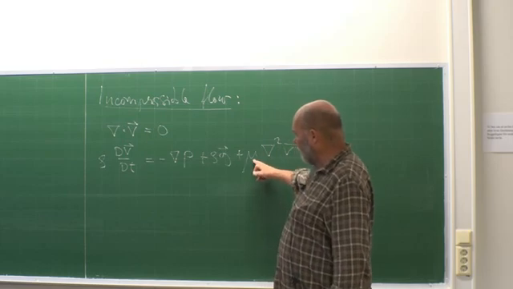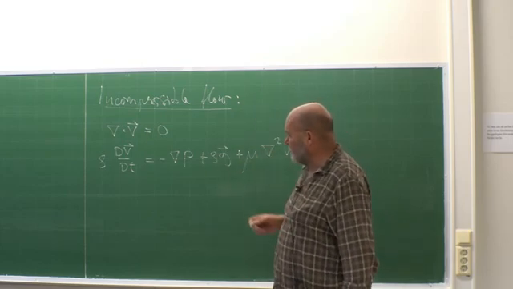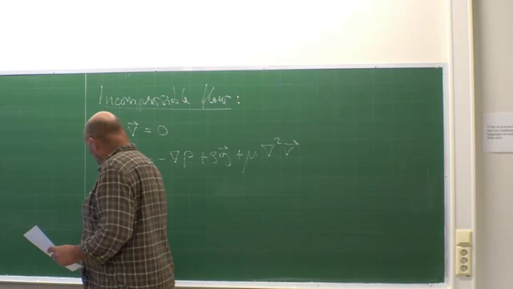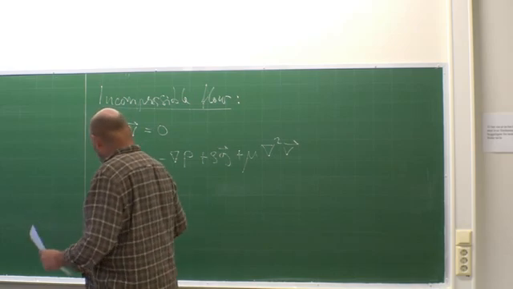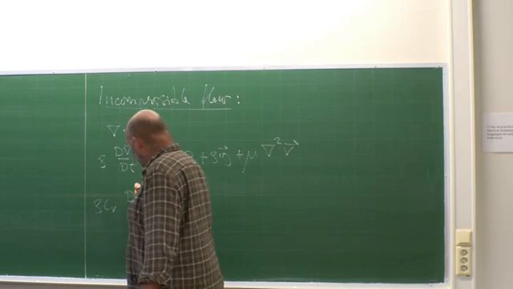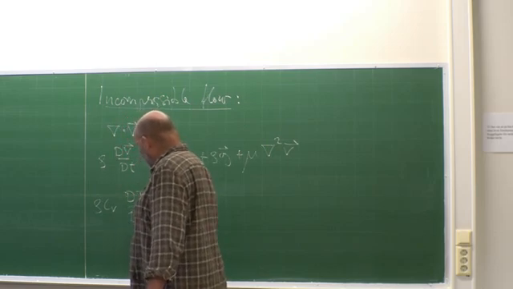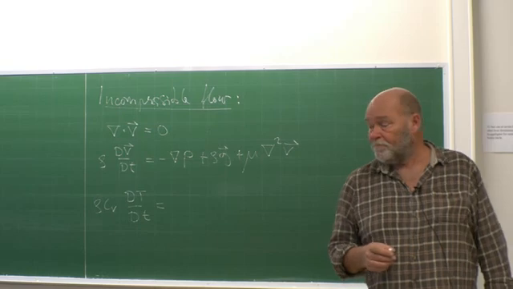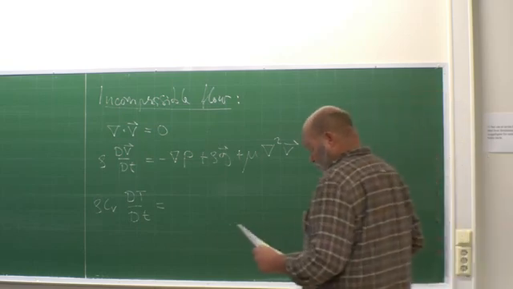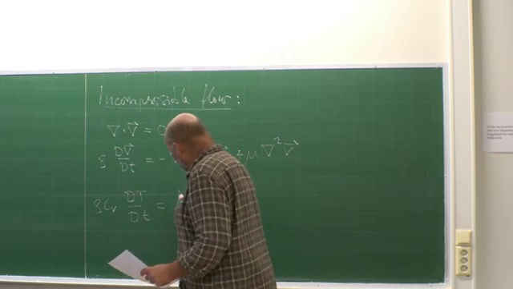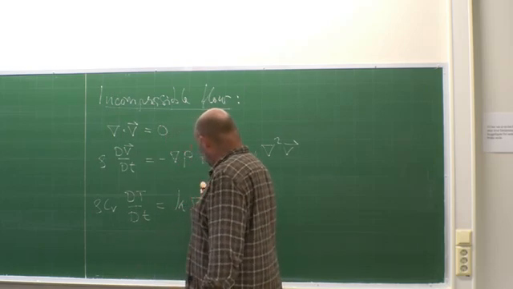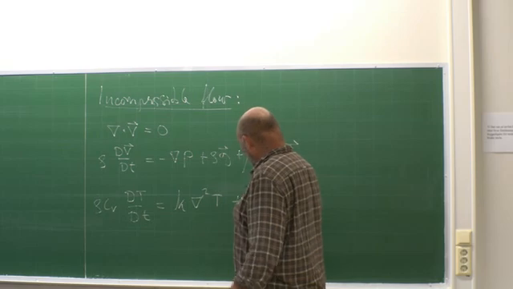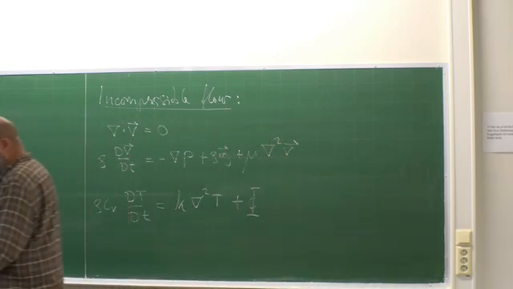Treating viscosity as constant, density is of course constant. And then finally the energy equation, which we have sort of a neat little form, rho CV, and then we use temperature as variable. You don't need to use enthalpy. Equals, and here we will then have conduction, double derivative of the temperature, and finally the energy dissipation function.